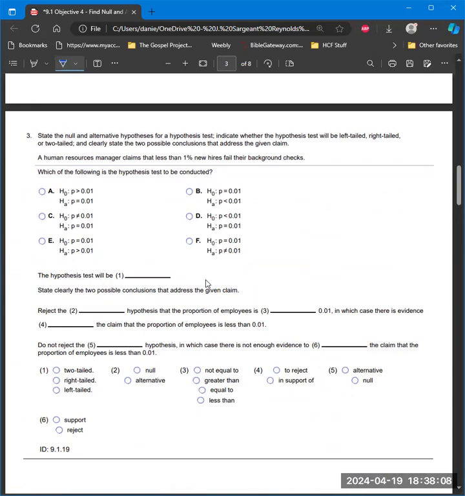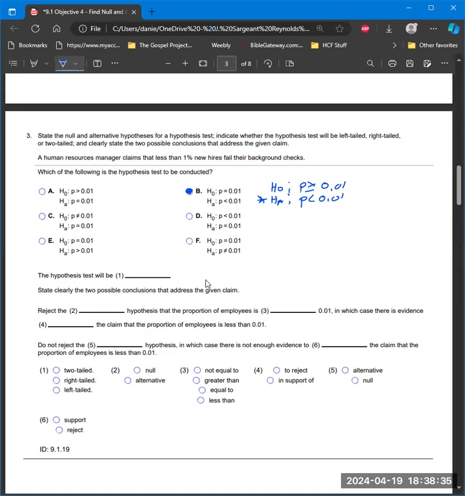So less than 1% would be this one. Again, I'm going to write this as greater than or equal to as the logical opposite of less than, but the claim is in HA. It doesn't always have to be in HA. It just has been in HA in the last 3 examples here.